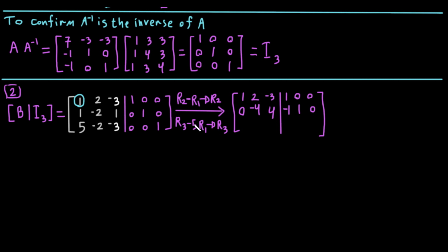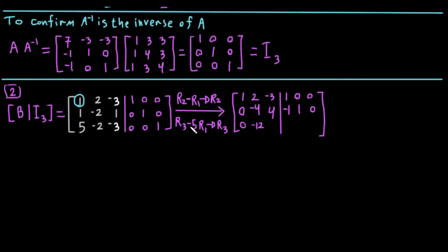Now 5 minus 5 multiplied by 1, so 5 minus 5, which is 0. So here negative 2 minus 5 multiplied by 2. Let's write it here. So negative 2 minus 5 multiplied by 2, which is negative 2 minus 10, which is negative 12. So here negative 12.